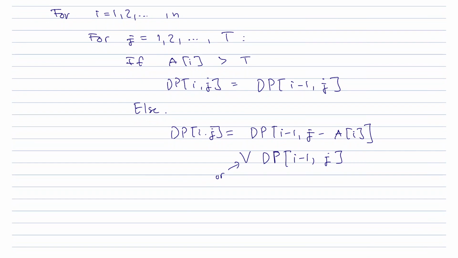So that's it. Very similar to the previous problem. And so at the end, all you have to do is just return dp[n][t]. Okay, so then we are done with the second problem.